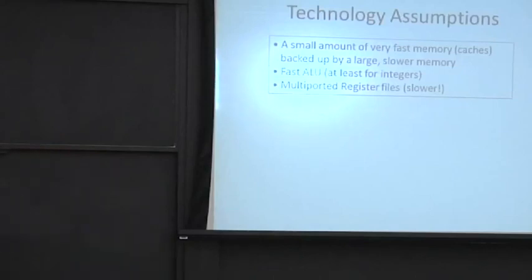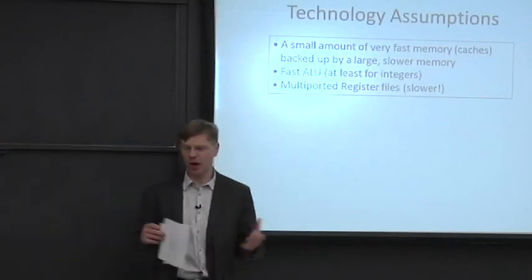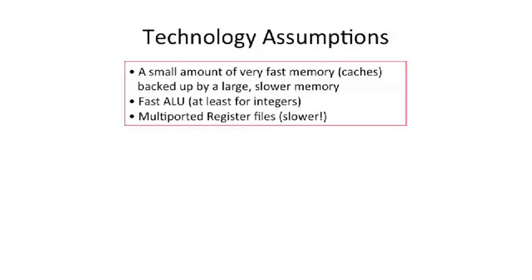OK, so as we go along here, some of the questions that come up are, what are the assumptions we made about this pipeline? And why are we making these assumptions? If the assumptions were to change, we'd actually pipeline differently. One of the assumptions is that you can put something like a cache in your processor and have very fast memory access. If the memory access was slow relative to the processor speed, you would probably want to pipeline the memory.